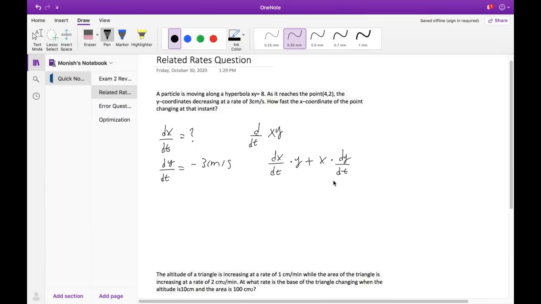So in this case, it's kind of like implicit differentiation, except you're taking everything with respect to t. So that's equal to 0. And then we're going to try to isolate for dx over dt, because that's what you're trying to solve for. So we'll keep dx over dt times y on the left side, and on the right side we'll move over negative x times dy over dt.